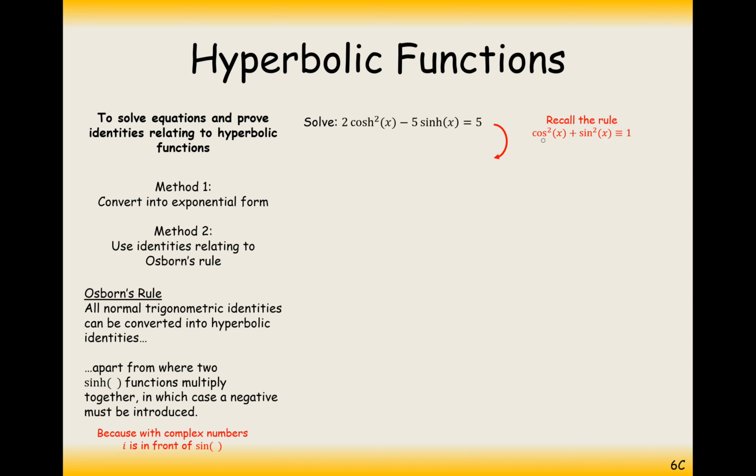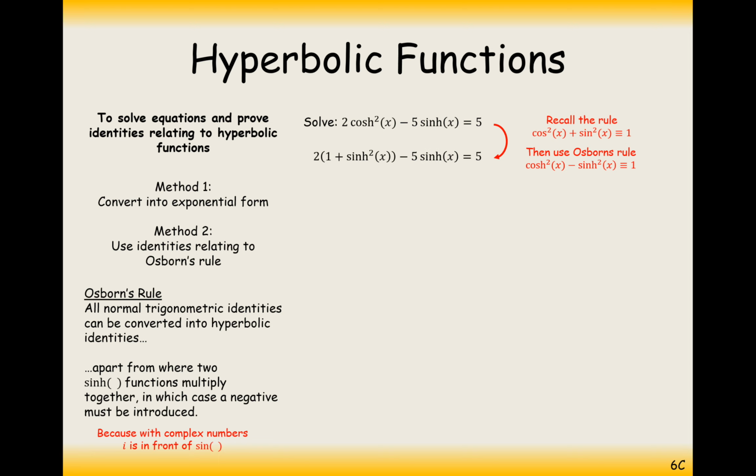So I'm going to recall the rule that cos squared x plus sin squared x equals 1, and then apply Osborne's rule to it. The two sines multiplying together will make the plus sin squared x into a minus sinh squared x. So I'm now going to rearrange this a little bit.